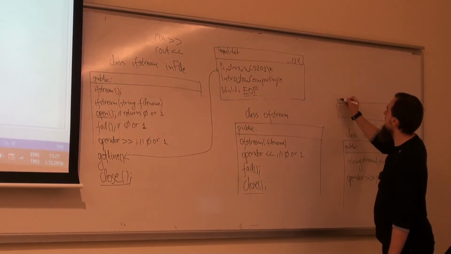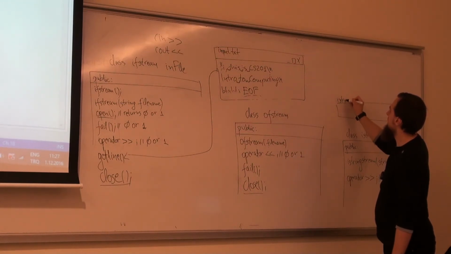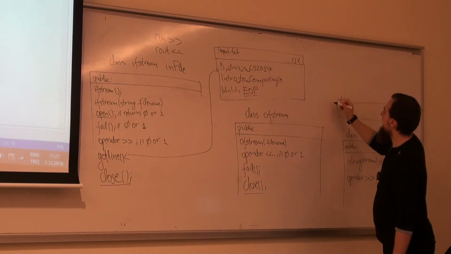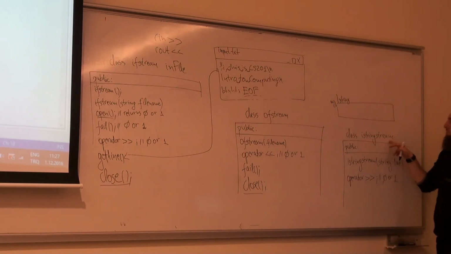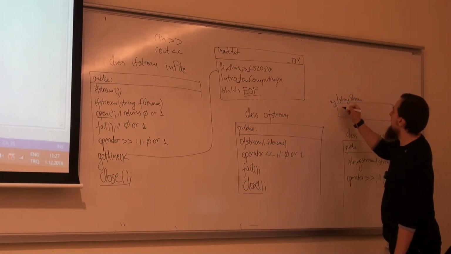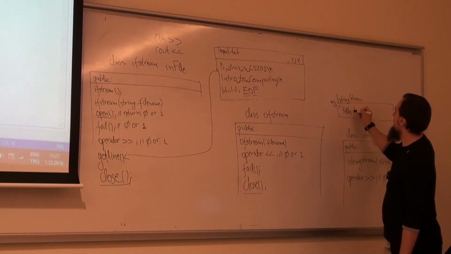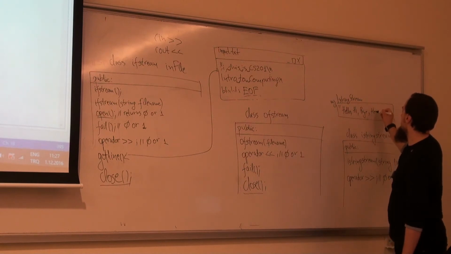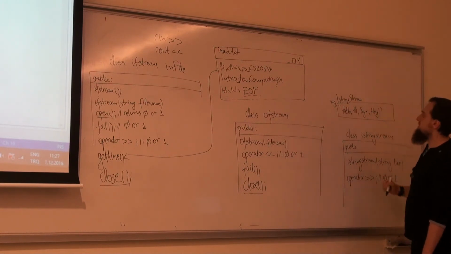Let's say string my_istringstream. This is a variable of class istringstream. And I have here hello, hi, bye, hey, and this is finished.